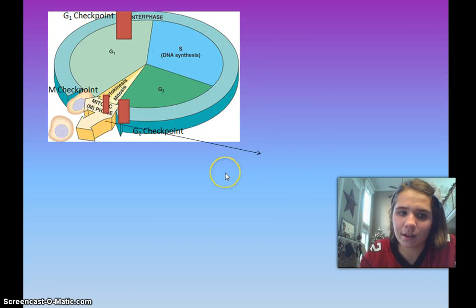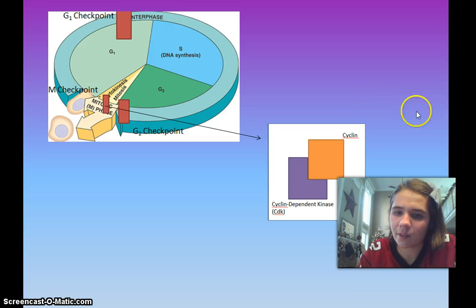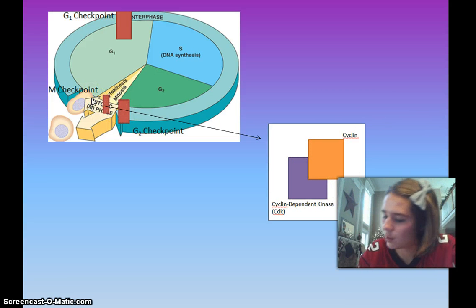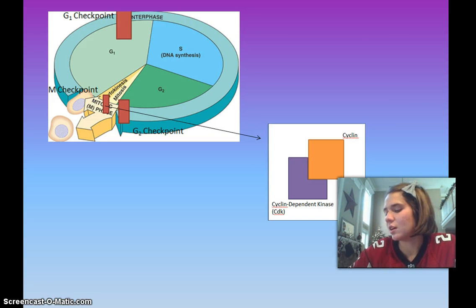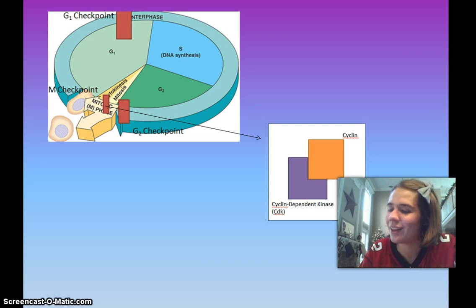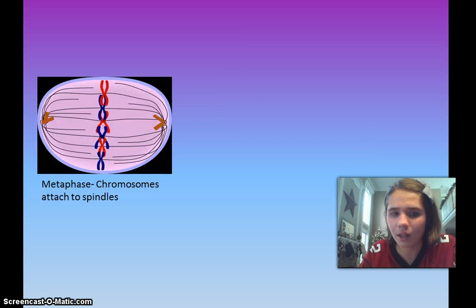And this is where they fit in at the M checkpoint. There's a cyclin and a CDK that must allow the cell to go forward with cytokinesis. The cyclin concentration in a cell can rise and fall depending on what part of the cell cycle it's at, and that's why it's called a cyclin, because the concentration cycles. As I mentioned earlier, these proteins can be impacted by internal and external stimuli.